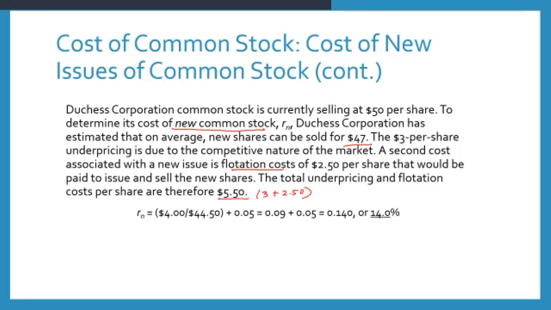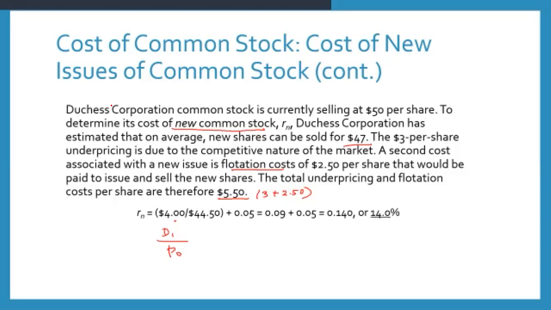So using the Gordon discount model to find the cost of capital, we have the dividend of $4 divided by the price of the stock, $44.50.